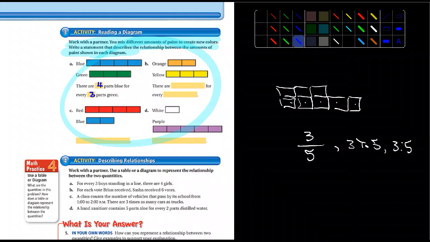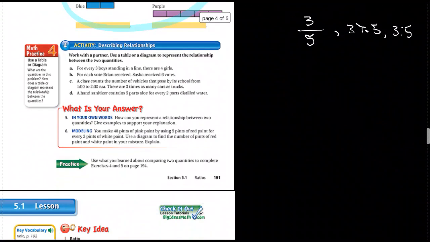And for B, again, there are 2 parts orange for every 3 parts of yellow. All right? Again, I think that's pretty self-explanatory. You guys should be okay with that.